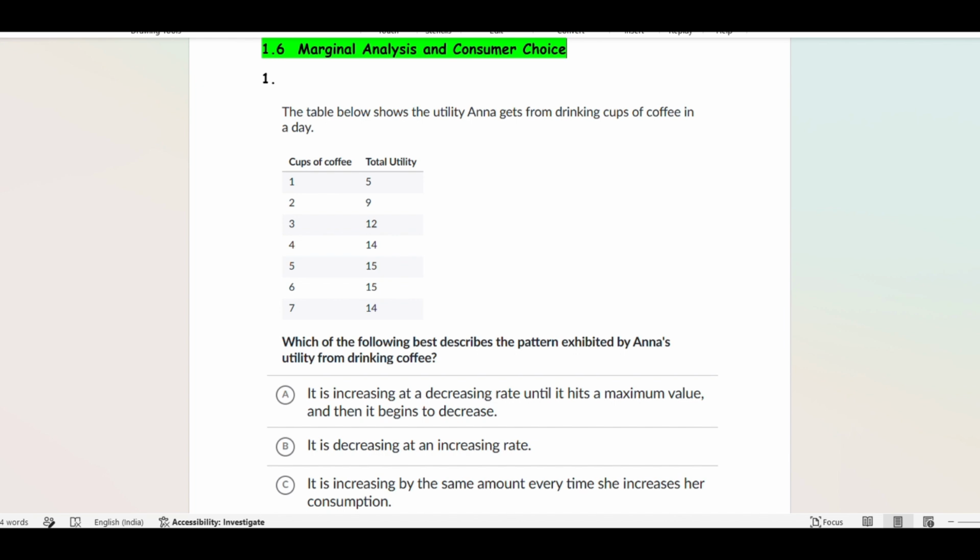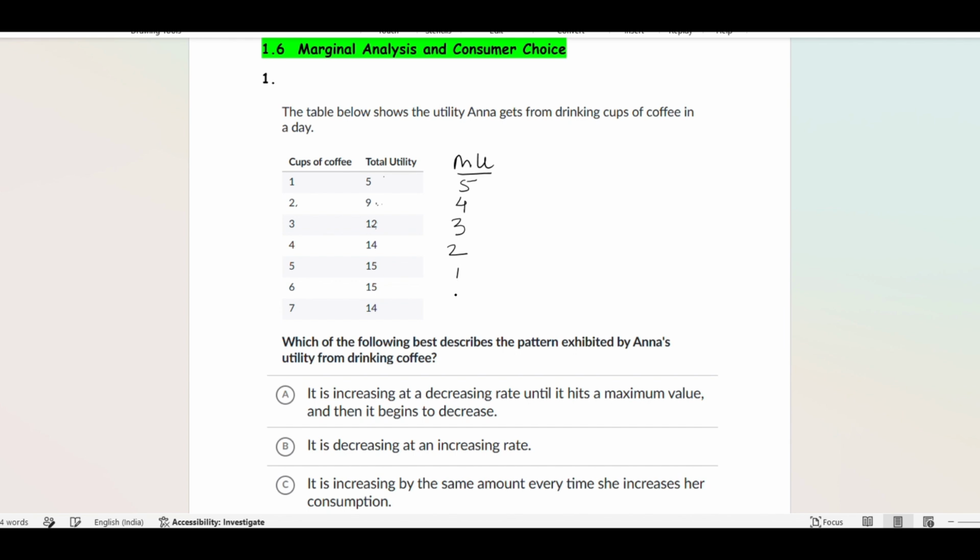Marginal utility of drinking cups of coffee: for the first one, it would be the same as 5. Then 9 minus 5, that's 4, divided by 2 minus 1, that's 1. So it's 4. The denominator in this case is always 1, so you just simply subtract the previous value from the next one. Then 12 minus 9, that's 3. Then 14 minus 12, that's 2.